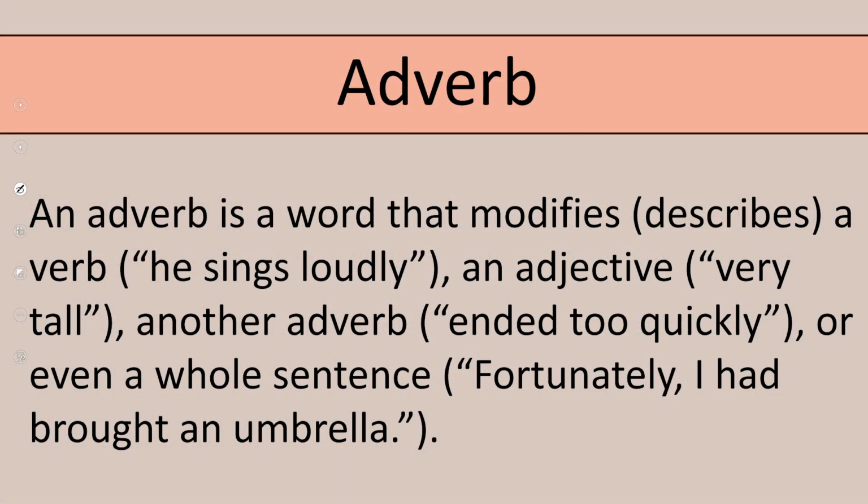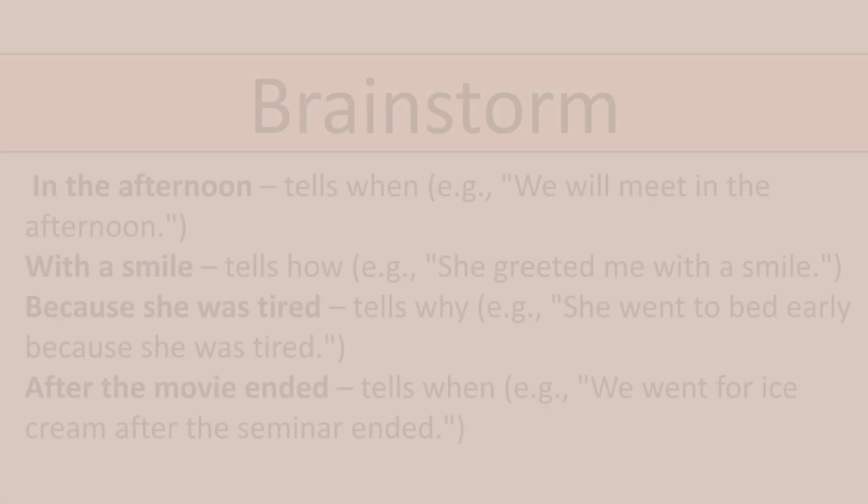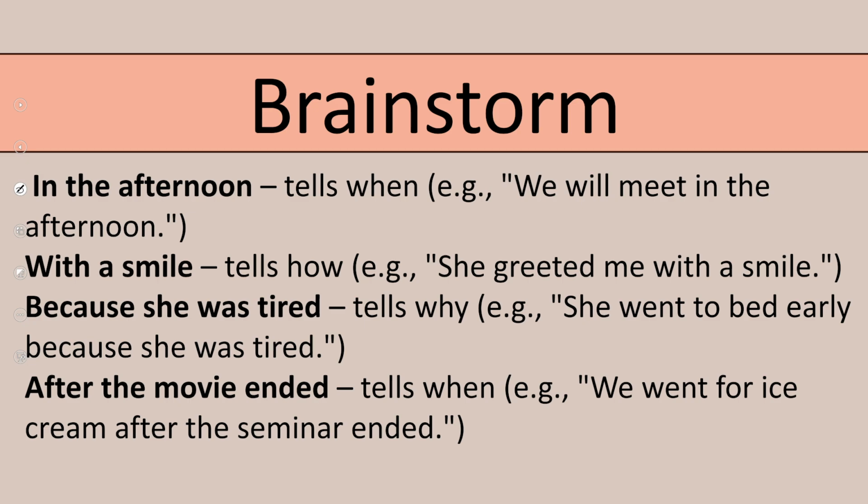Now, here you can clearly see that in the sentence, we will meet in the afternoon. When will we meet? In the afternoon. So, in the afternoon is what? Does it have a subject and a verb?